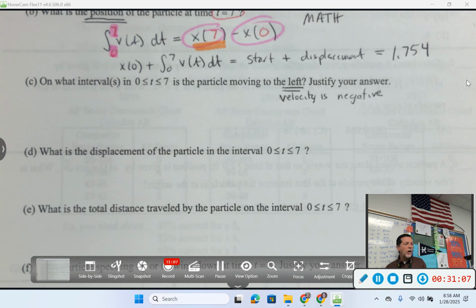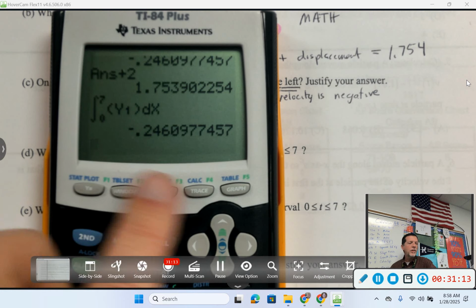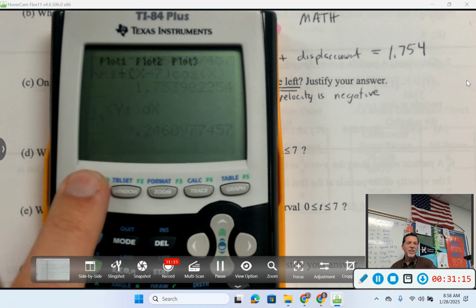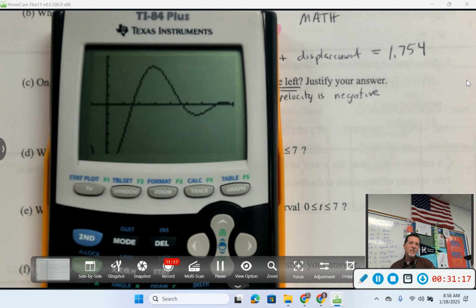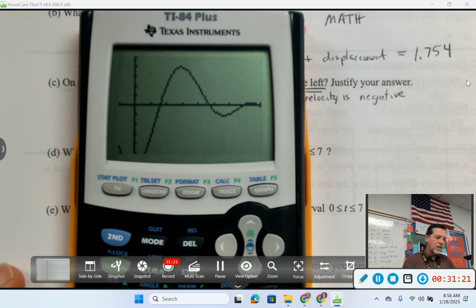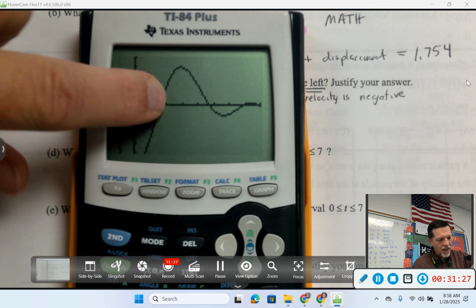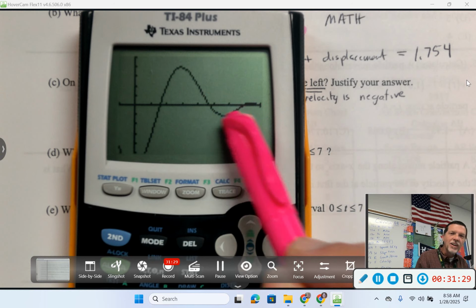How can I know where the velocity is negative? Well, I already have a velocity. In fact, I have a picture of velocity. So where it's less than 0, so that would be, I wish I could highlight my calculator here. Less than 0, right there, and right there.